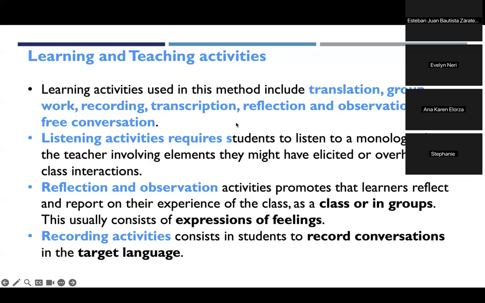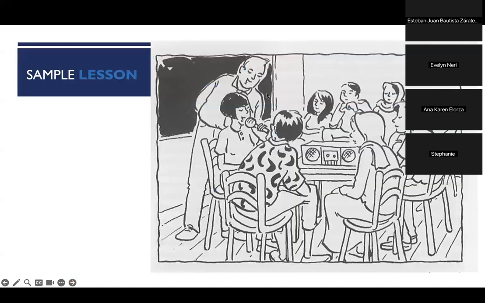They need to record their own conversations, free or pre-established, thanks to a tape script they developed. Here you can see the sample lesson of a student recording something; the teacher is just listening to how well she's doing, and the other students listen while the student is recording.